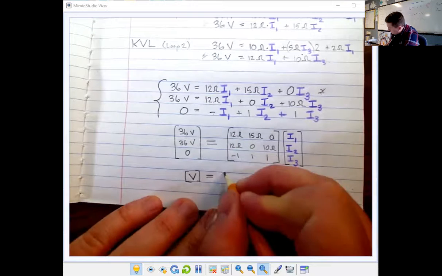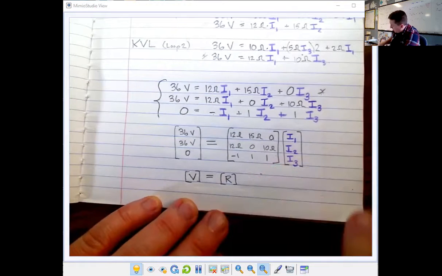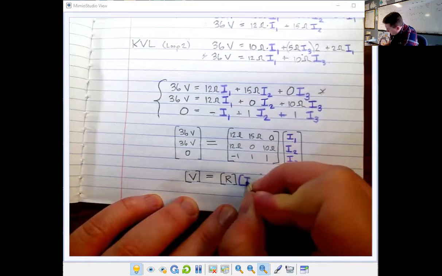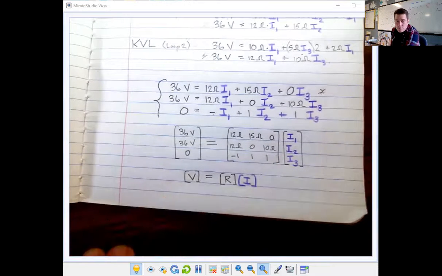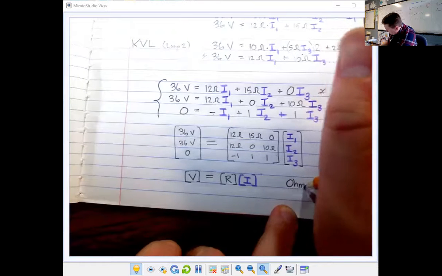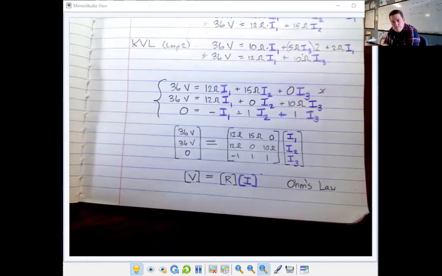I'm going to call that matrix R. And my unknown matrix is I. And voila, we got Ohm's law in matrix form. Isn't that fascinating?